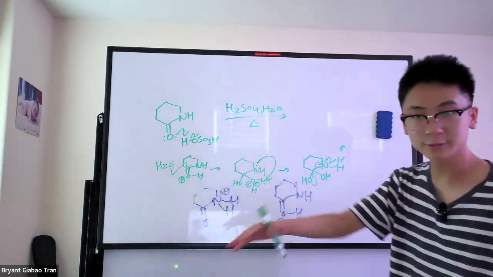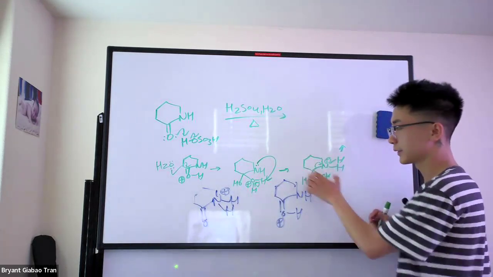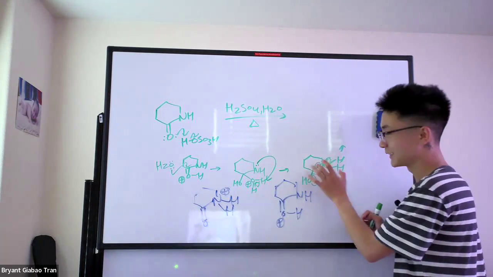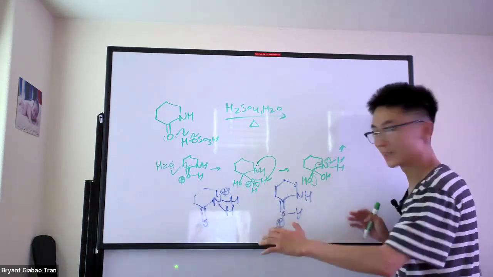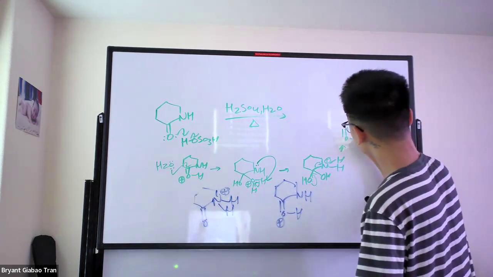But it doesn't fully leave because this is part of a ring. We just broke open the ring where the amine is still part of the molecule, but it's now a linear chain, right? Where this is the carbonyl that just got reformed.